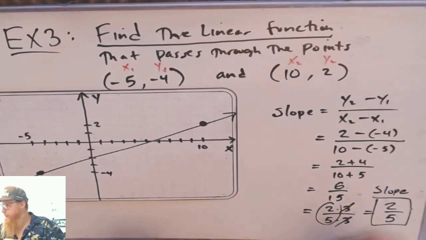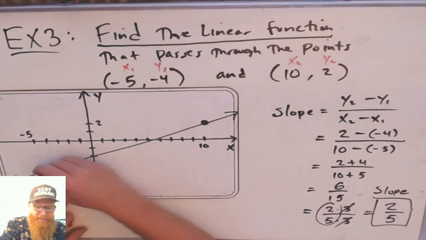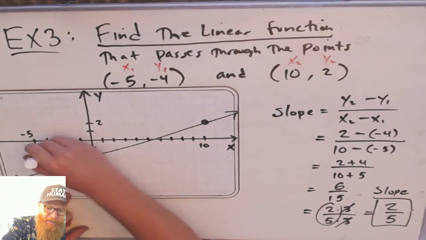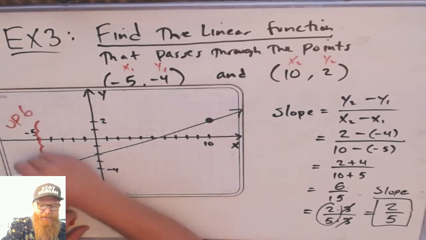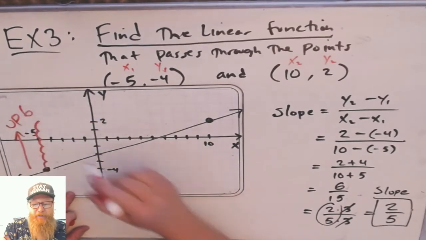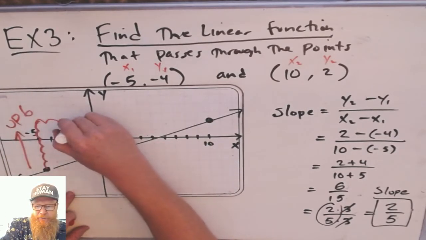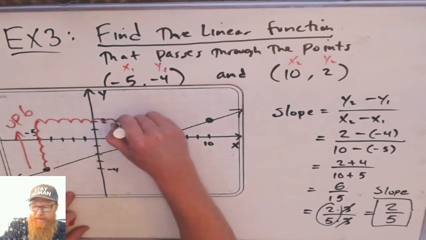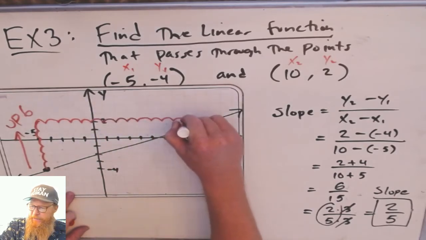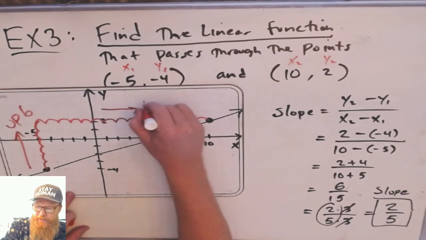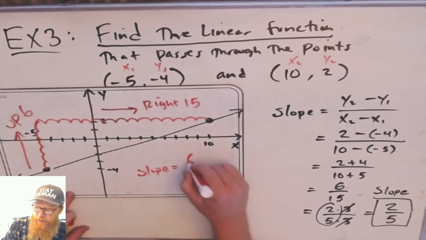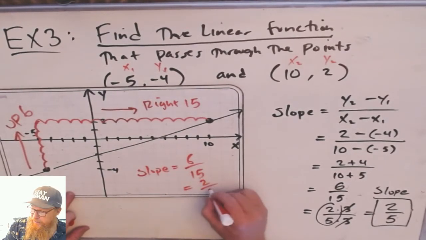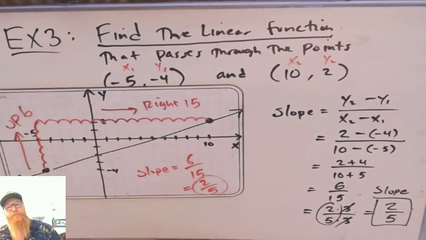There is an easier way, actually. You can actually just count. 1, 2, 3, 4, 5, 6. Up 6. And keep track of how far you went. And now 1, 2, 3, 4, 5, 6, 7, 8, 9, 10, 11, 12, 13, 14, 15. So the slope is 6/15, which is still 2/5. So I really want you to know both ways.